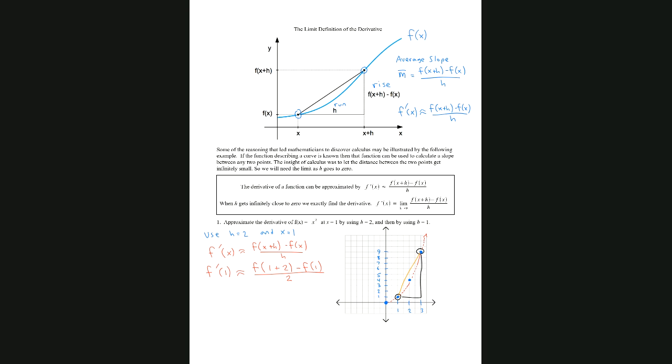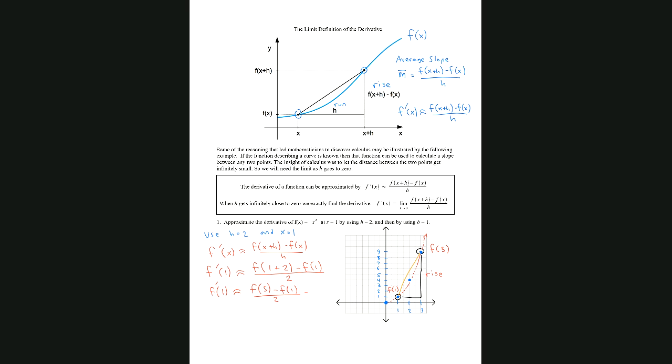So f of 1 plus 2 could be written as f of 3. And so it should be clear now that we want this height, f of 3, and we want to subtract f of 1 here to get the rise.